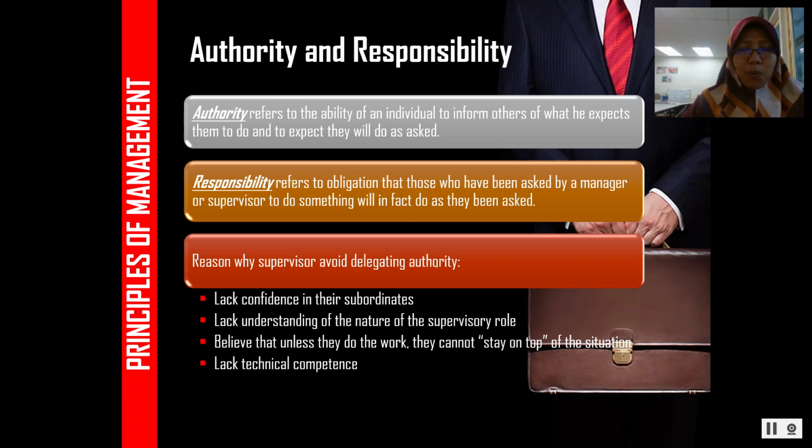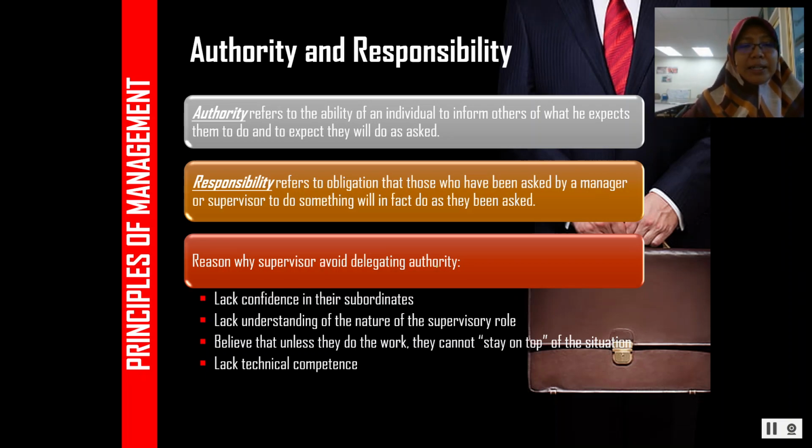Okay, so what are the reasons why supervisors avoid delegating authority? The first one may be the supervisor lacks confidence in their subordinates. Okay, he or she does not trust the subordinate to complete their job, or believes that the subordinate does not have the capability to complete their job. Number two, maybe a lack of understanding of the nature of the supervisory role. So this one is the problem with the supervisor.